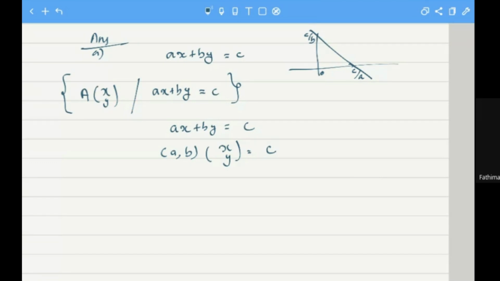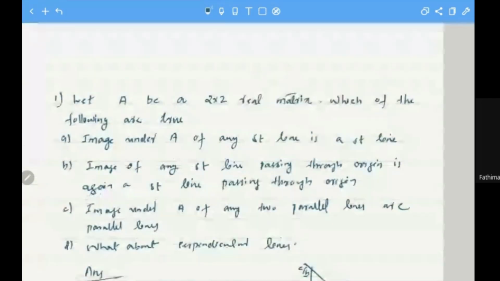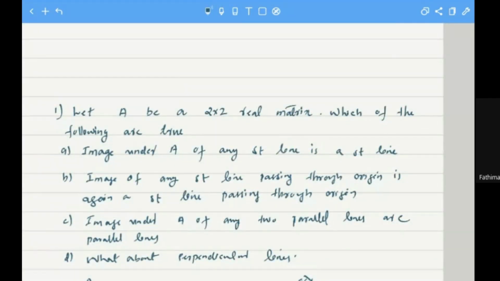Okay. Now we want the image of A, so we want A of (x, y) having the above property. So I will rewrite the same equation like this. Oh, okay, did I mention that A is an invertible matrix?